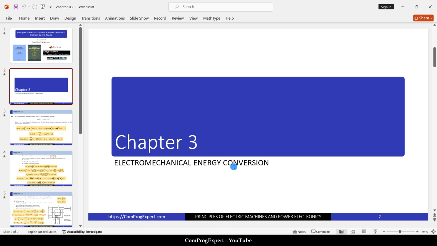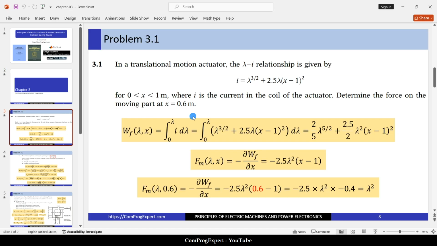electromechanical energy conversion. So problem 1 of chapter 3: in a translational motion actuator, the flux linkage versus current relationship is given by this equation. This equation relates the coil flux linkage to the coil current.